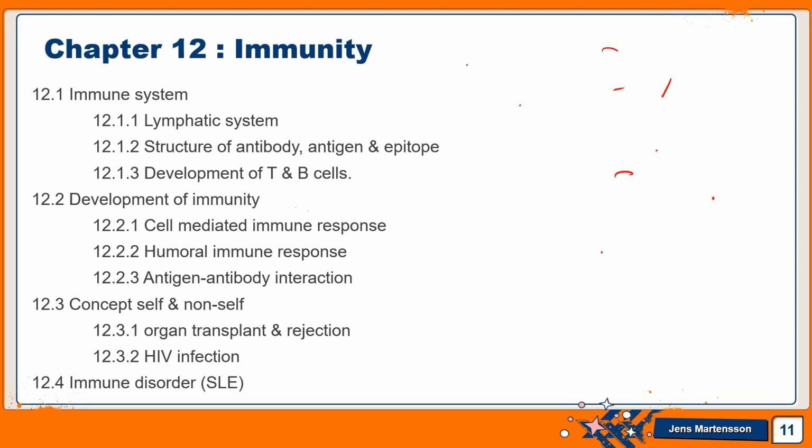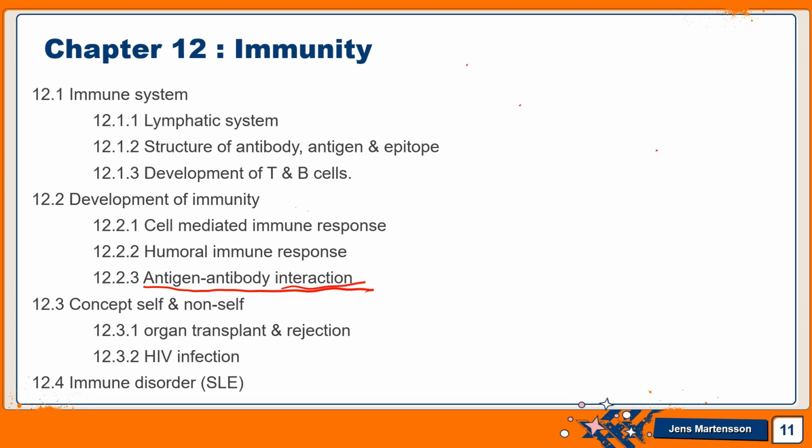Okay, so next is not about the response, just about the application, antigen and antibody interaction. This one you already learned in SPM, the action of antibody, antigen-antibody interaction. The antibody will bind with the antigen, and there will be many interactions.